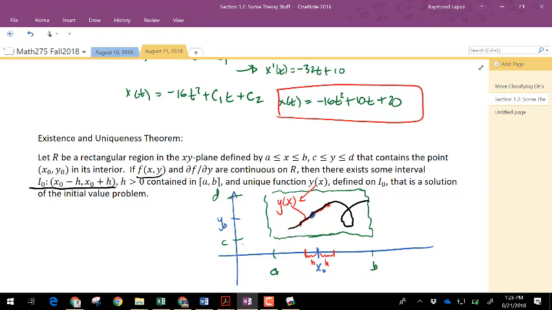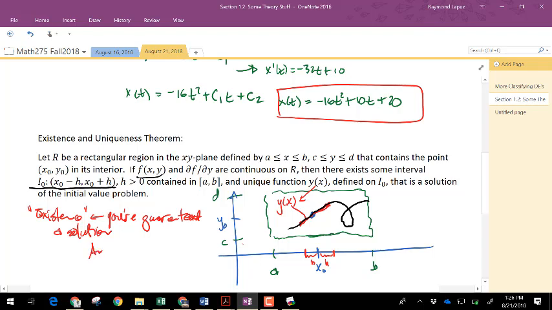So the word existence means you're guaranteed a solution on the given conditions here.